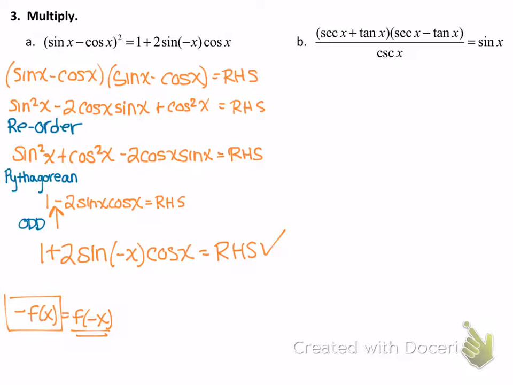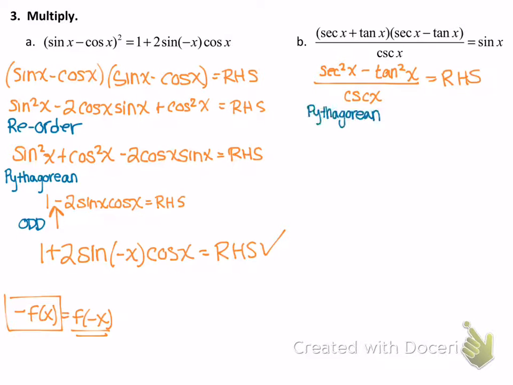If I multiply secant and secant, I have secant squared x, and then I have plus secant times tangent minus secant times tangent, so they add to give you 0, and I'm left with tangent times negative tangent, which is negative tangent squared of x, all over cosecant of x. And yes, our right-hand side looks much simpler.